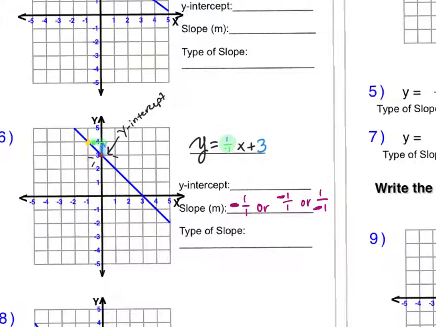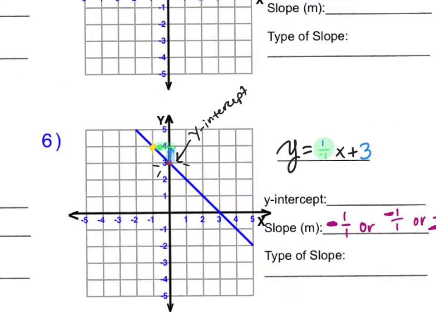Okay, now this one's a special problem though, because look at this. I have different slopes. Isn't there a perfect corner right there? And isn't there a perfect corner right there? What if I chose that slope? Rise 2, left 2. That would be 2 over -2. Isn't that the same thing as -1 over 1?